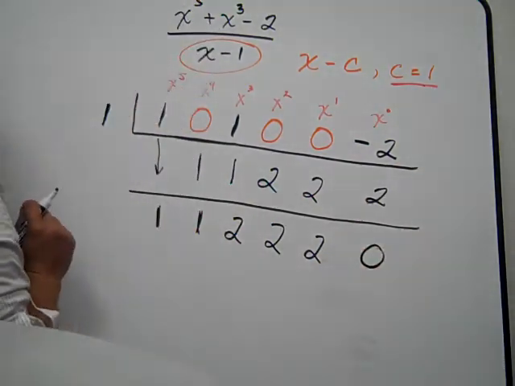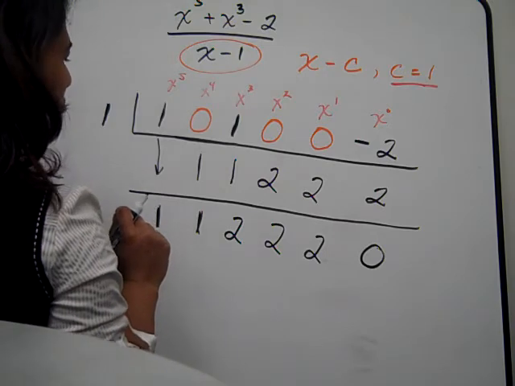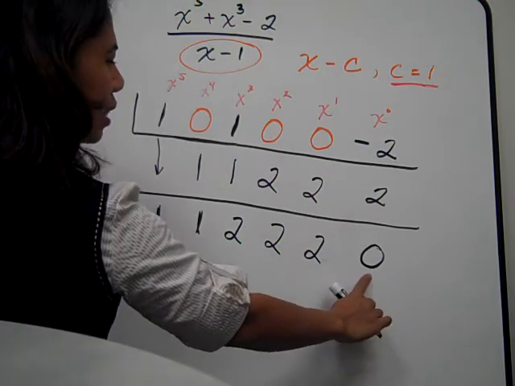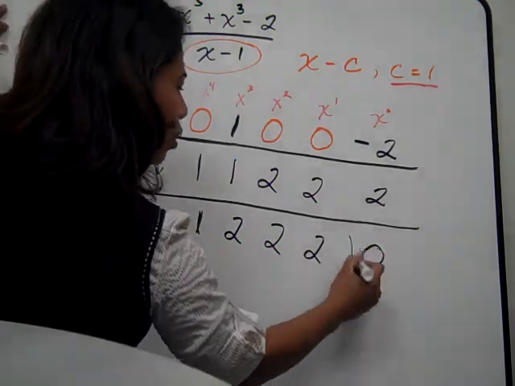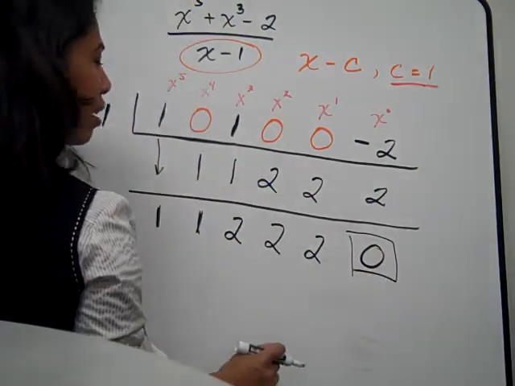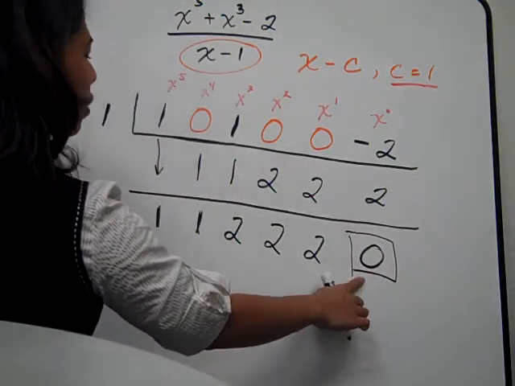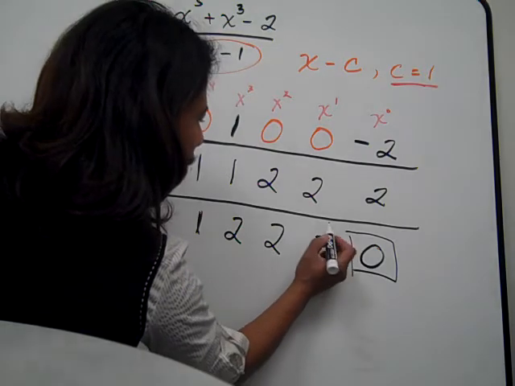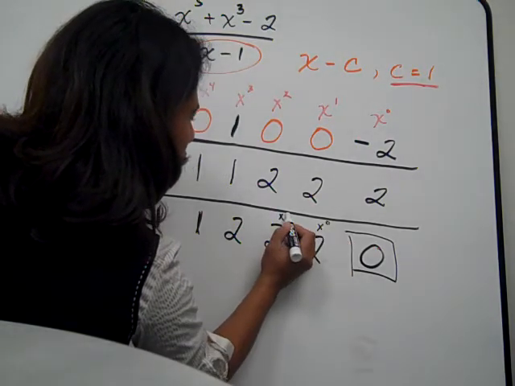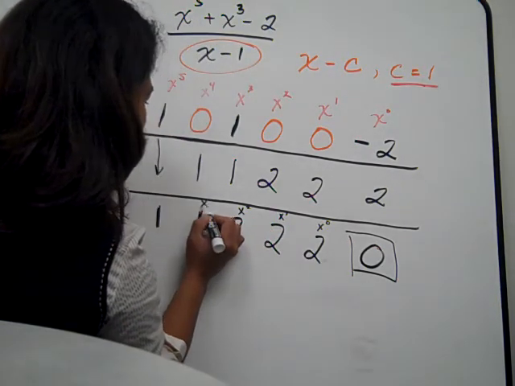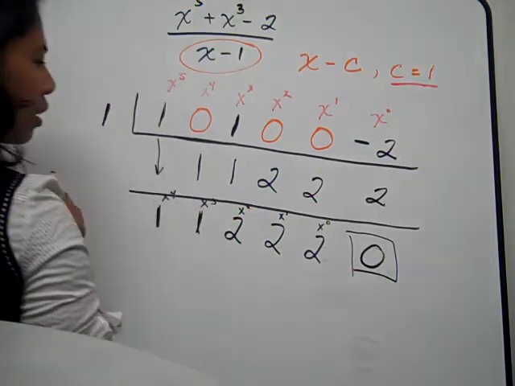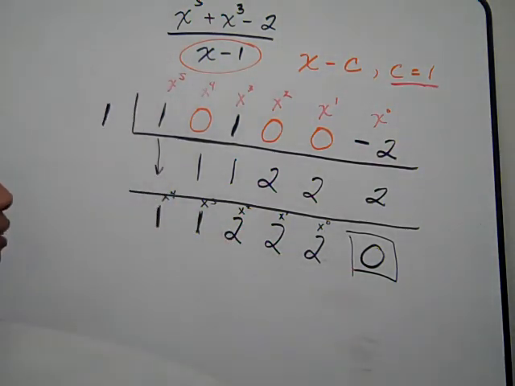So now look what you have. This last number is the constant, your remainder. Do we have any remainder here? No. So there is no remainder, and then this is x to the 0, x to the 1st, x to the 2nd, x to the 3rd, and x to the 4th. So your answer now, look how pretty it is.